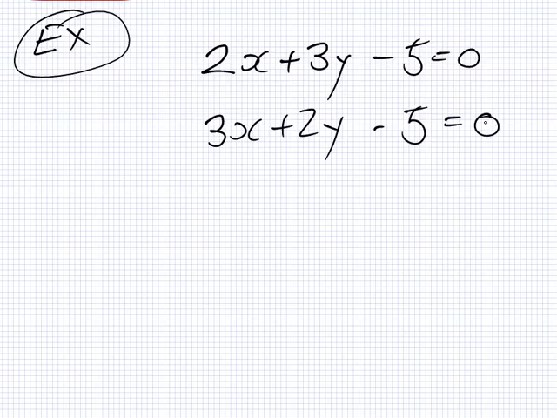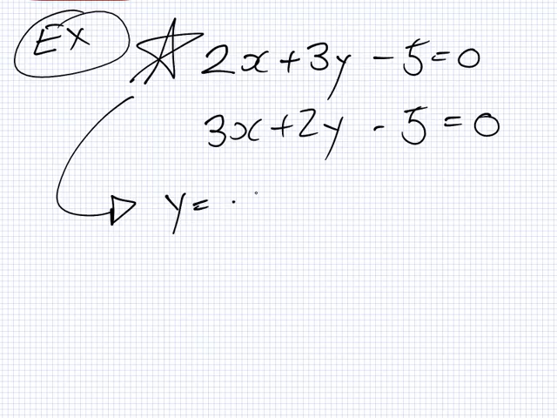I'm going to do another substitution example. But in this case, you have to do some work before you can use it. So like here, you could get y equals minus 2 over 3x plus 5 over 3. And then what do you do with that?